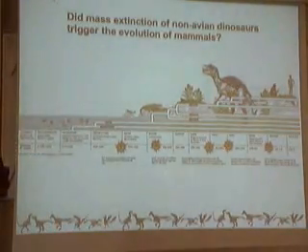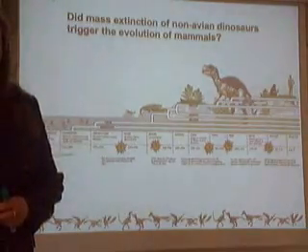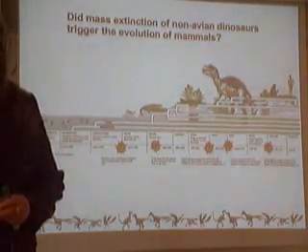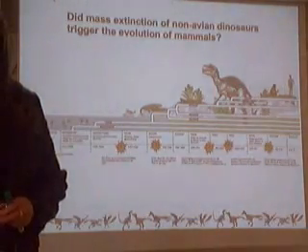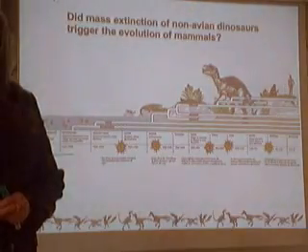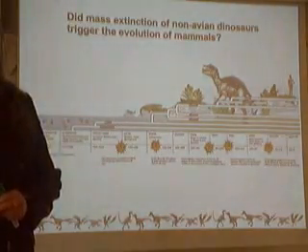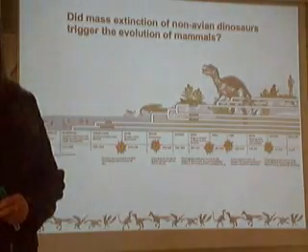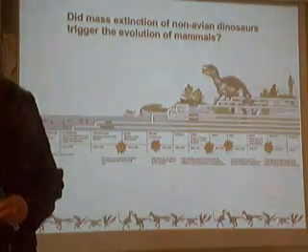And so the paper that I chose now is one of the first papers that actually try and tell us that there was quite a lot of diversification among mammals even before the large impact 65 million years ago.